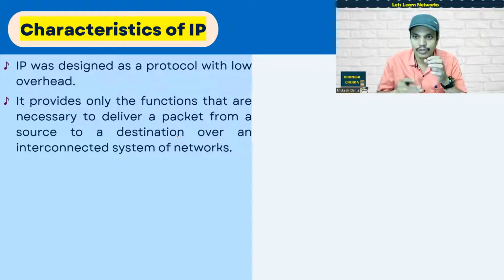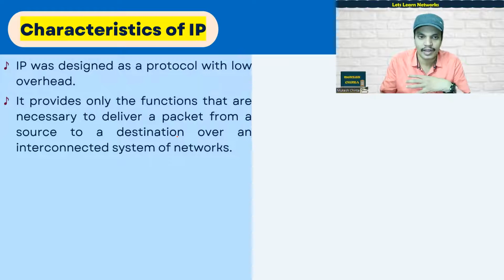You design a protocol which is used for transmitting packets from one point to another point, no matter where it is situated. Even though a source is in one network and a destination is in another network, this protocol has been designed in such a way that it helps the packets traverse the networks so that they will reach the destination.